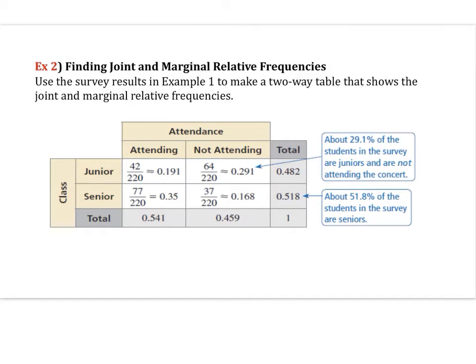So each value has its own interpretation. So remember, to get joint relative frequencies, you take the number for each cell divided by the total, and that gets you your percent value. And then you add up the rows and columns, and these total values represent your marginal relative frequencies.